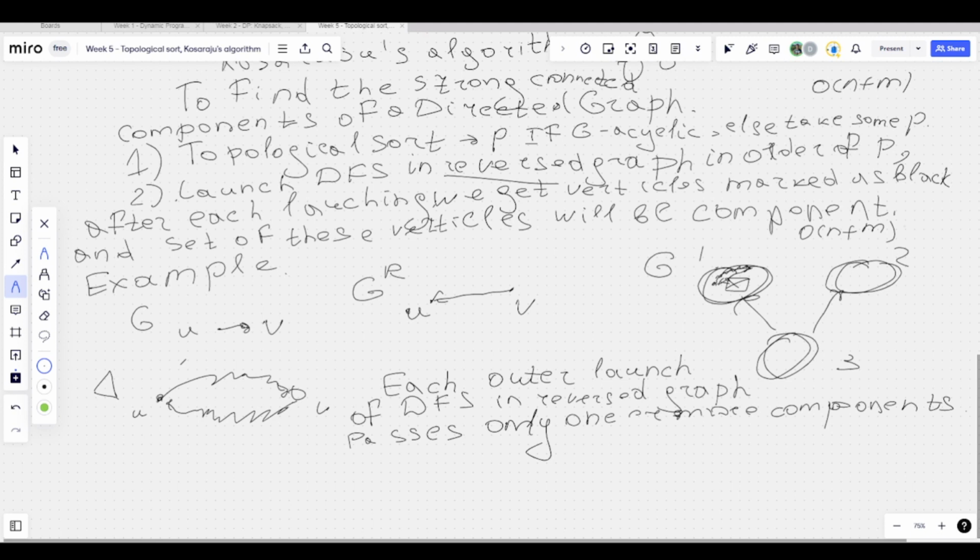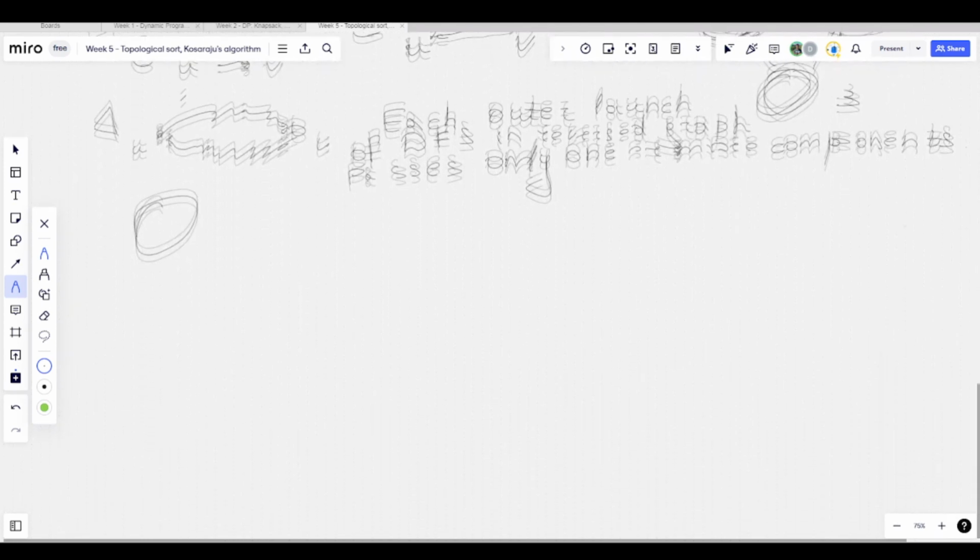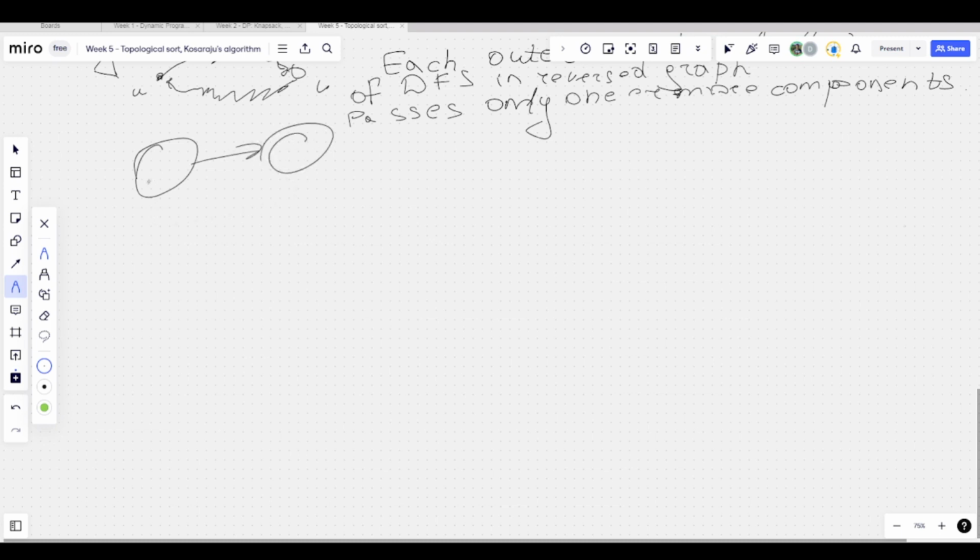We can reformulate: we must prove that if we have some components C1 and C2, then t_out of all vertices in C1 is less than t_out of C2.